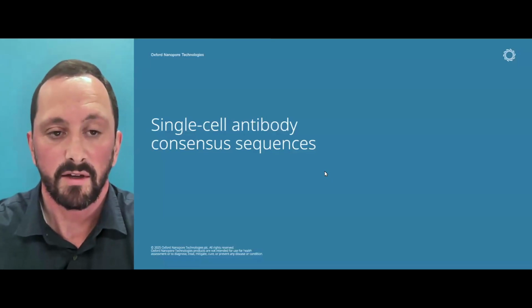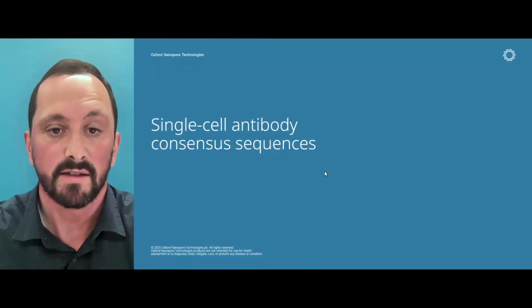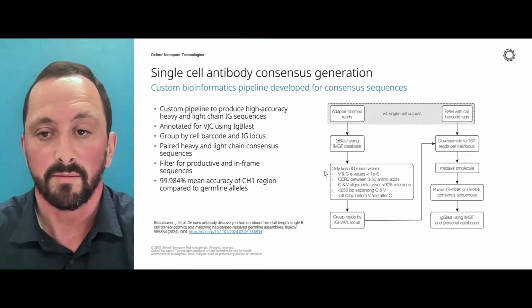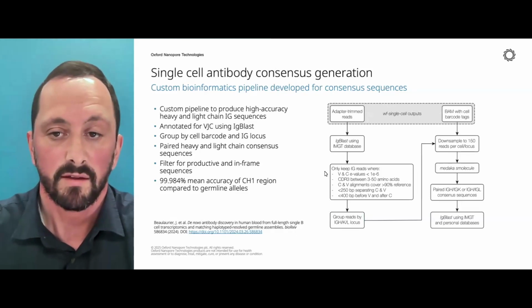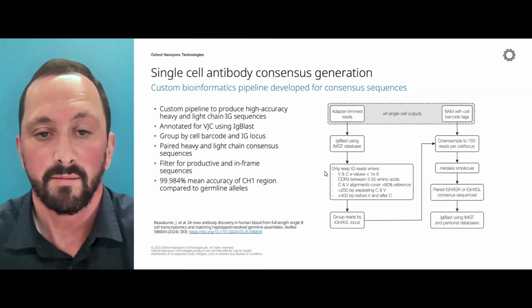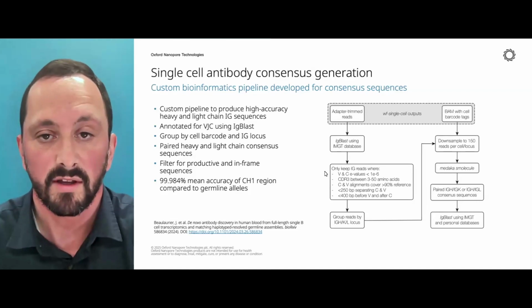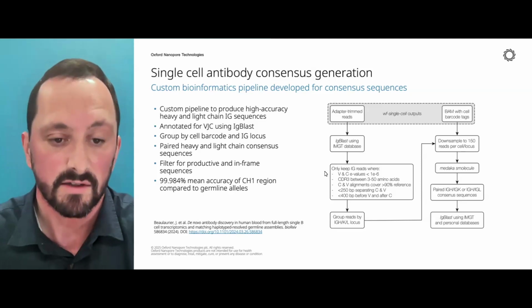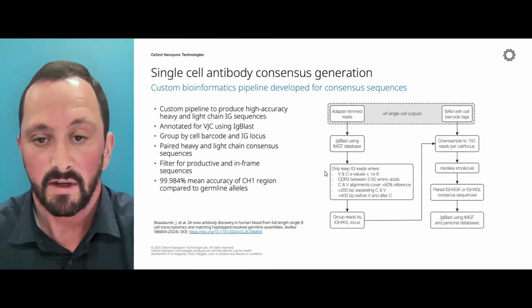Okay, and then we finally wanted to look specifically at the single cell antibody consensus sequences. So we took the Workflow Single Cell output, so the reads directly from the first part of the workflow, and then we built a custom workflow specifically for antibody sequences. This is also available in the preprint.